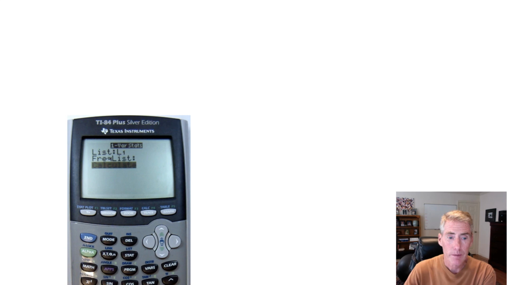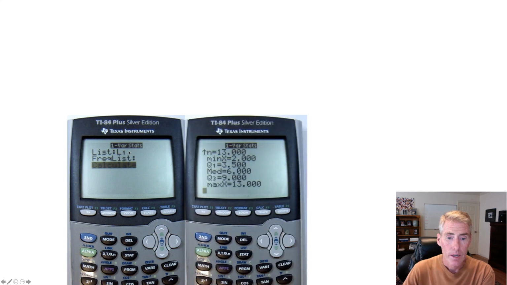So then my numbers are in list 1, so just put second 1 if it doesn't already say list 1 right here. And then once it gives you the mean and standard deviation, then just use the arrow to scroll down. And there's the numbers we need: the min, the first quartile, the median, the third quartile, and the max.